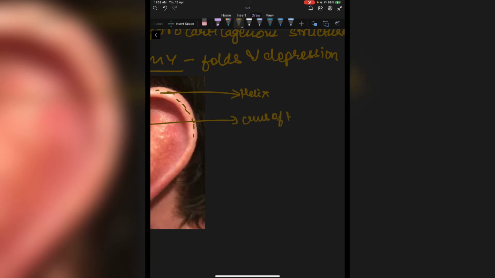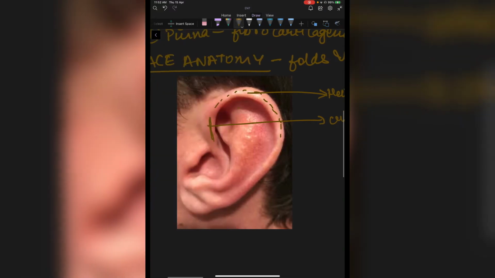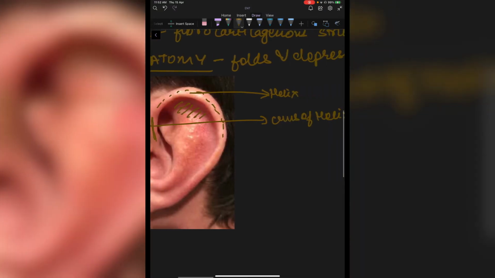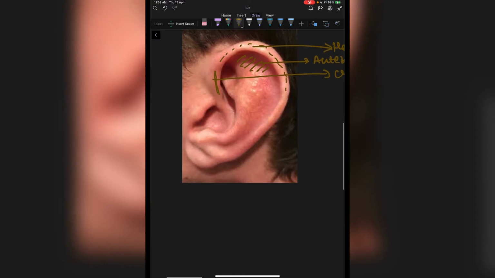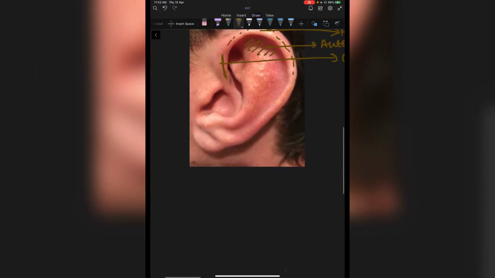The part below the helix is called your antihelix.